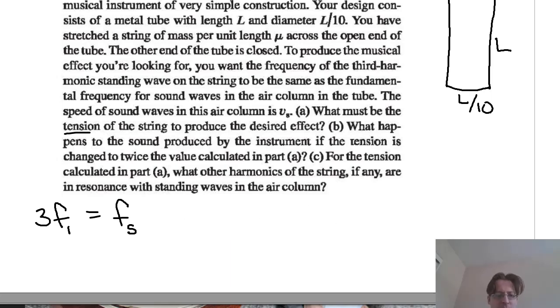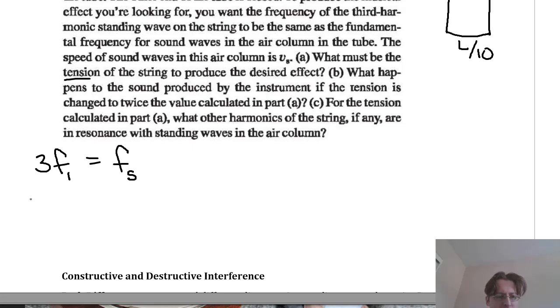Okay, so let's see how it goes. This is 3 times F1. This is in the string. So this is 3 divided by 2L. The length of the string, however, is L over 10. The string isn't L, that's the length of the tube. The string has length L over 10. And it's that times the speed of the waves in the string, which is the square root of the tension F divided by mu.